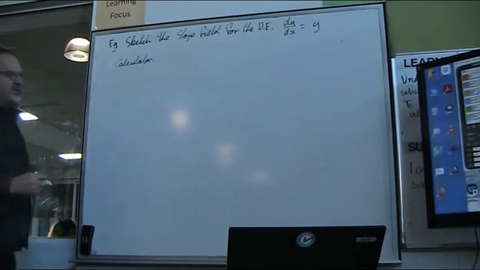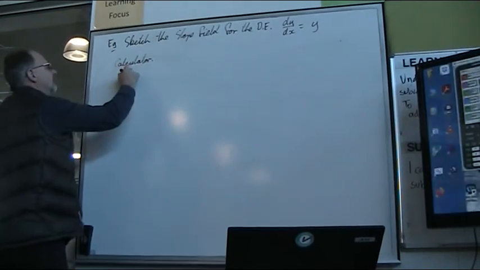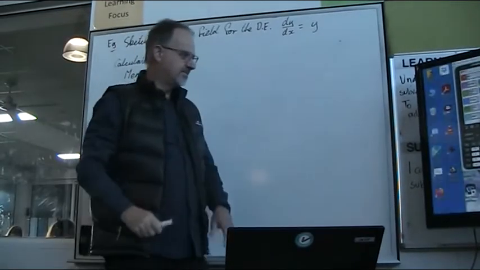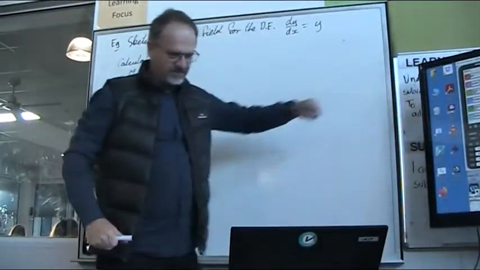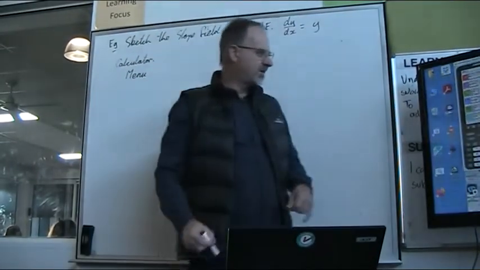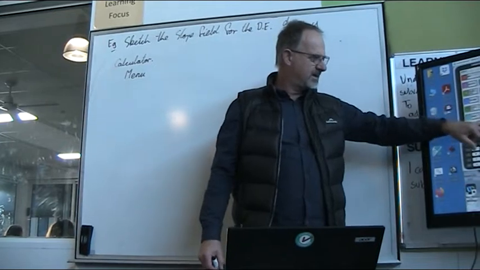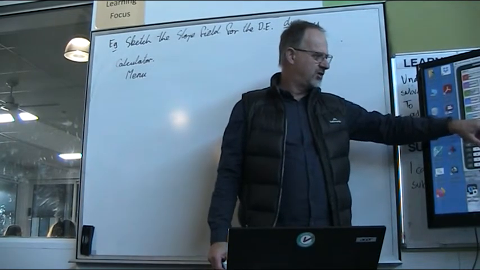So you go to the menu on your calculator. The menu is a screen, and you'll notice there's a whole bunch of stuff, and this one down the bottom here is called Diff EQ Graph.